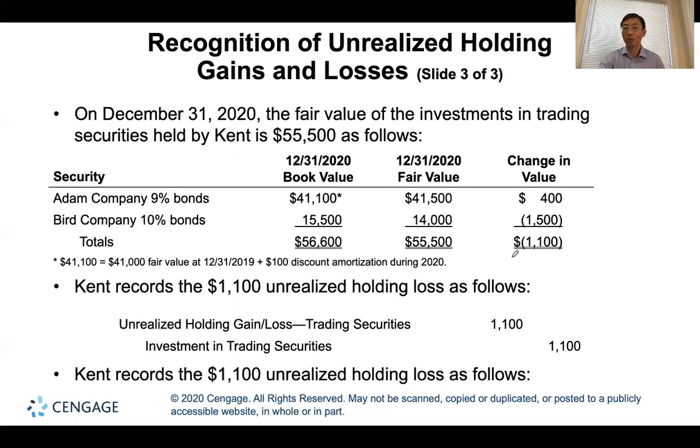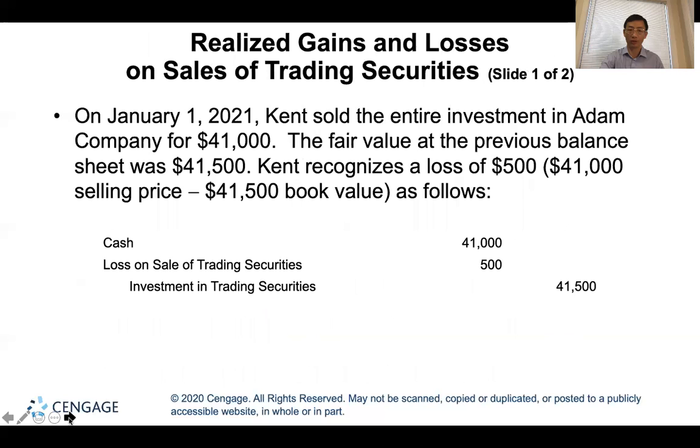That means it's an unrealized holding loss. So the accounting is debit unrealized holding gains or loss, which means it's a loss, 1,100, and credit investment in trading security. Okay, that's the second procedure on the reporting day to make sure of the interest income and unrealized gains and losses.